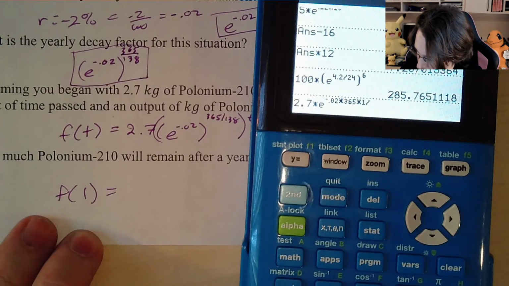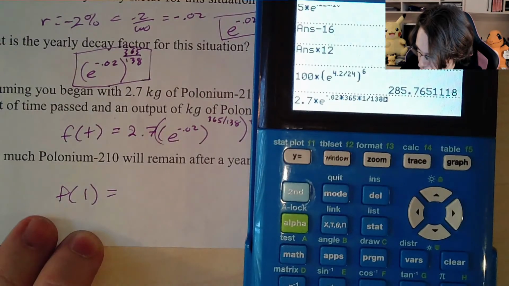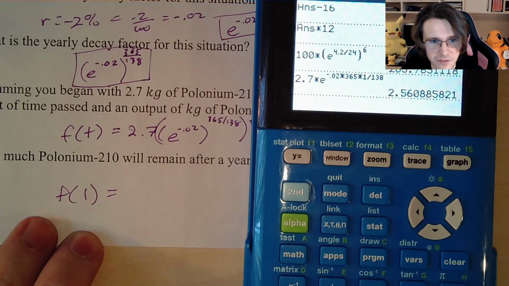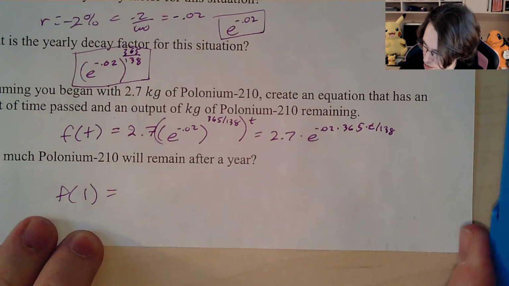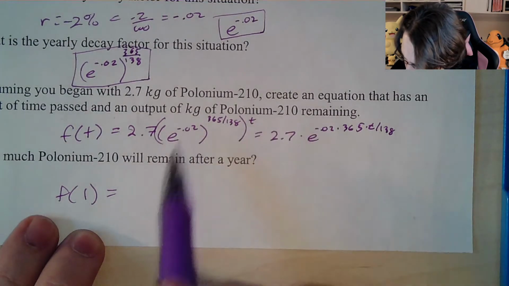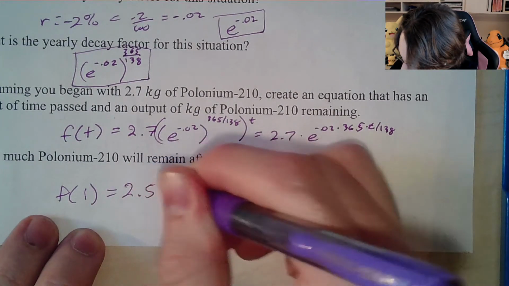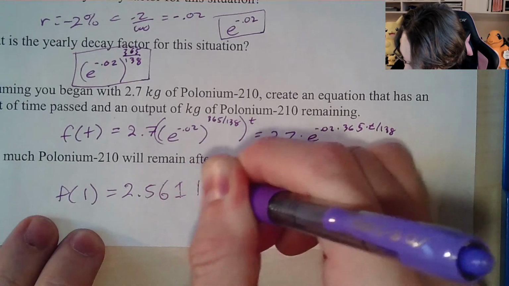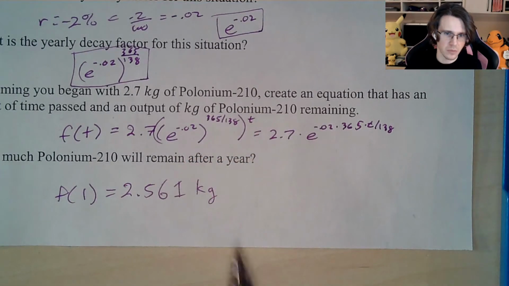Didn't even need to put it really, and divided by 138. And you get 2.561. This is kilograms. So 2.561 kilograms of this polonium will remain.